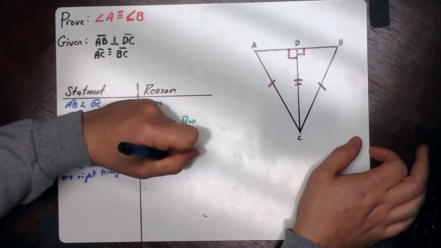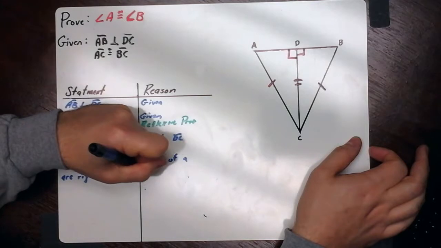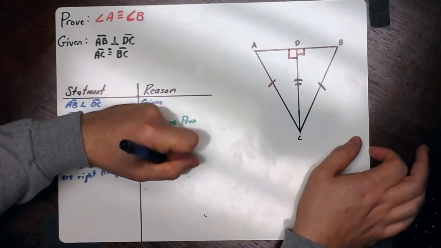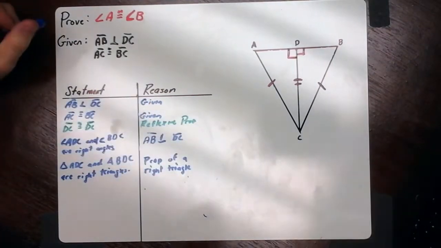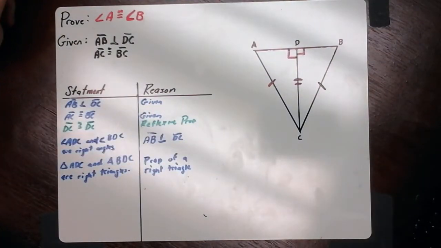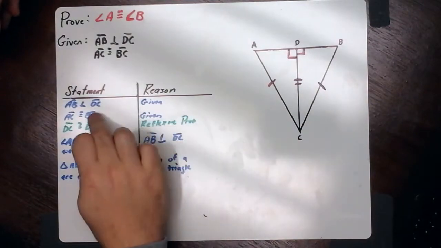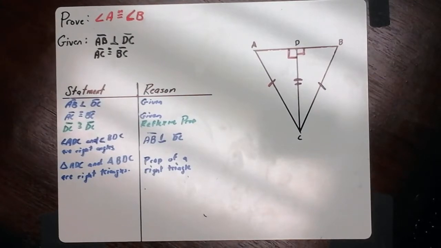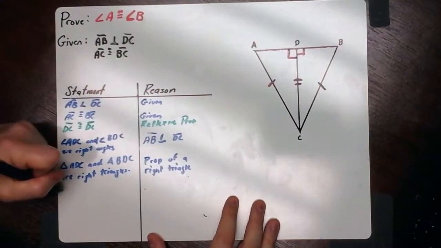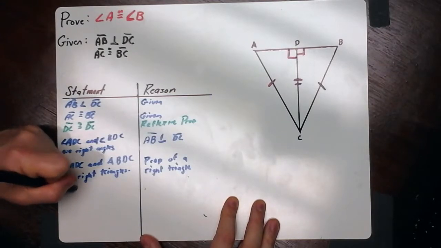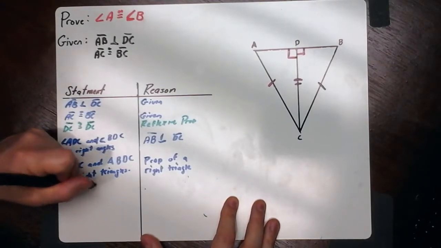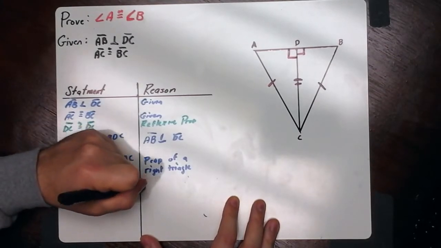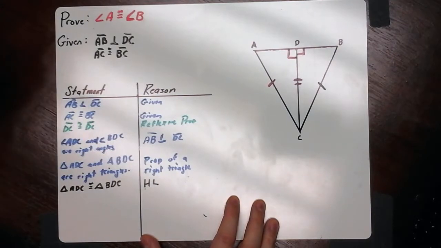Property of a right triangle. Now, from there, let's see, I have the hypotenuse listed, I have the reflexive side, I have the right angle, so I can make the claim that triangle ADC is congruent to triangle BDC because of hypotenuse leg, because of that form of congruency.